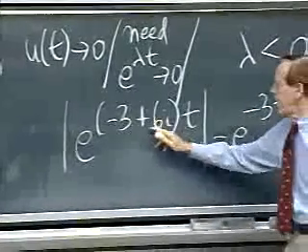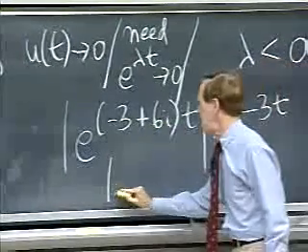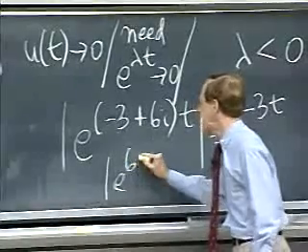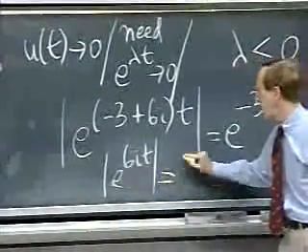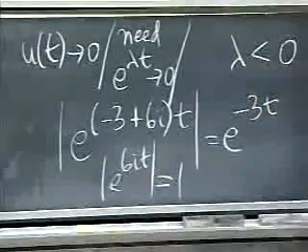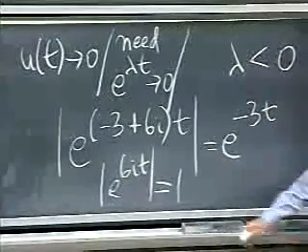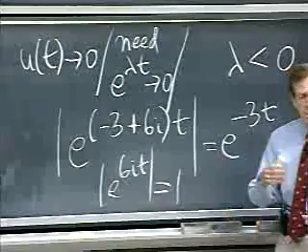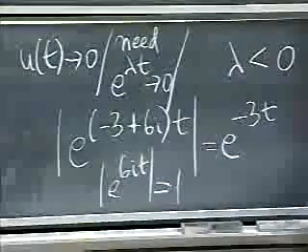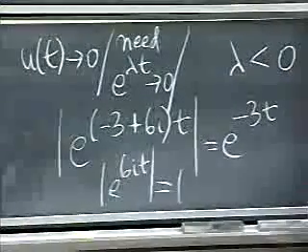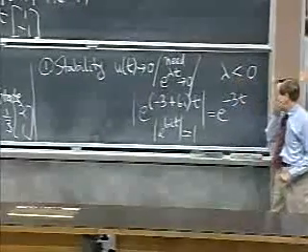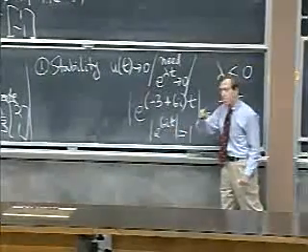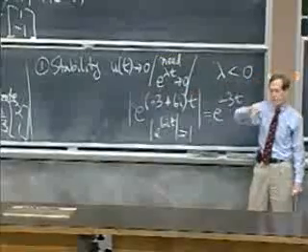Because this other part, the magnitude, this e to the 6i t, has absolute value 1. That's just cosine of 6t plus i sine of 6t, and the absolute value squared will be cos squared plus sine squared, which is 1. This complex number is running around the unit circle.